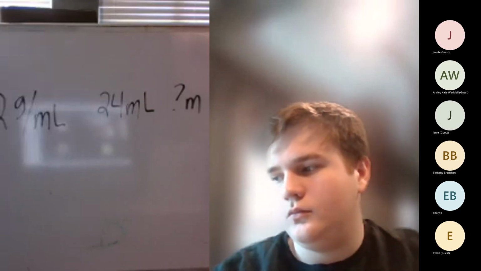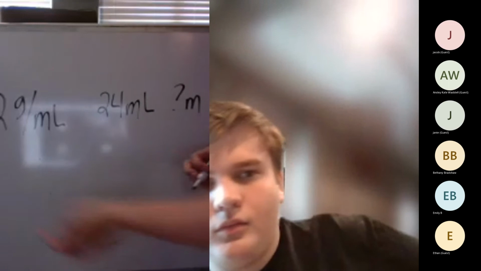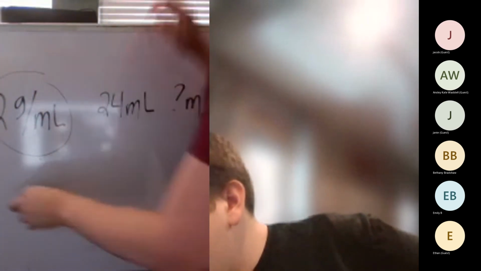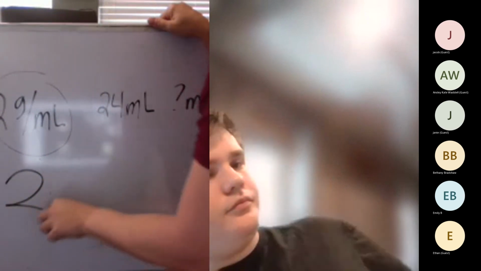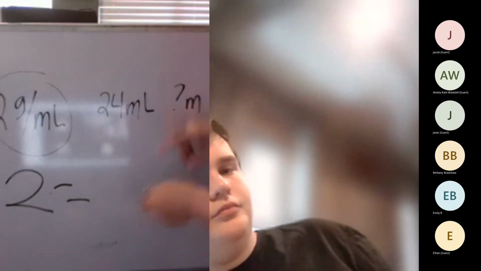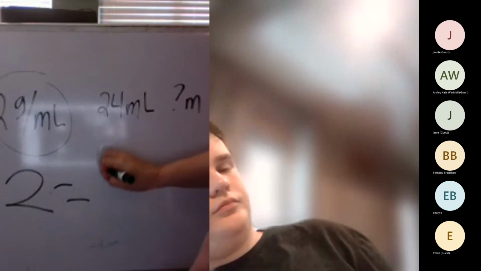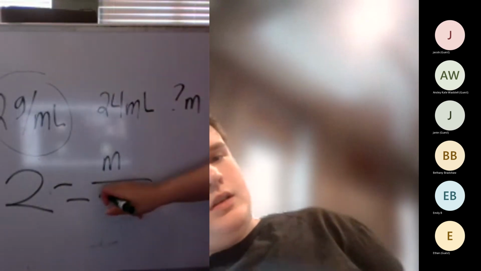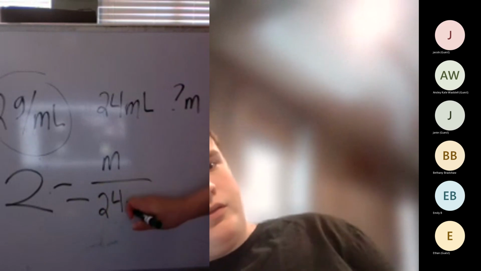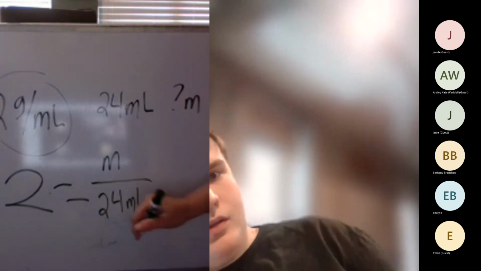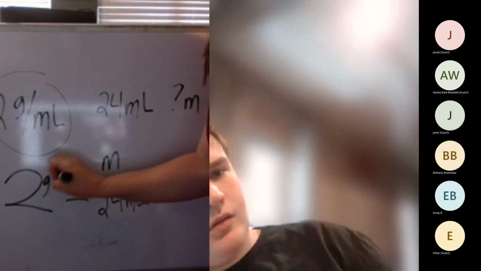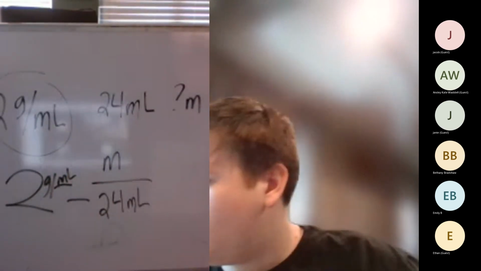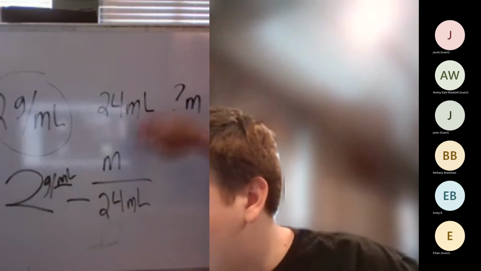Right? So now it basically just becomes an algebra problem. Density is this. So 2 has to equal my unknown mass divided by my volume, 24 milliliters. So how do I use algebra to help me rearrange that and figure out what M equals?